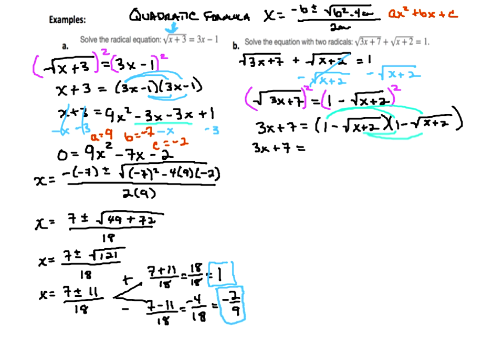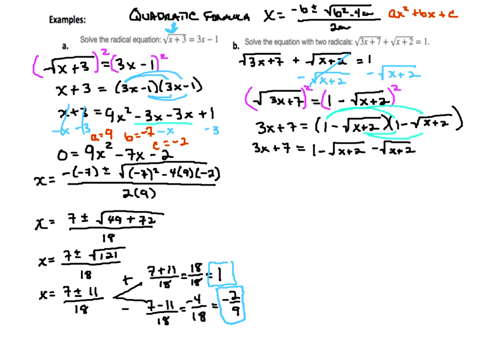All right, 1 times 1 is 1. 1 times the negative square root of x plus 2 is negative square root of x plus 2. And then I'm coming to the inside. The negative square root of x plus 2 times 1 is negative square root of x plus 2.